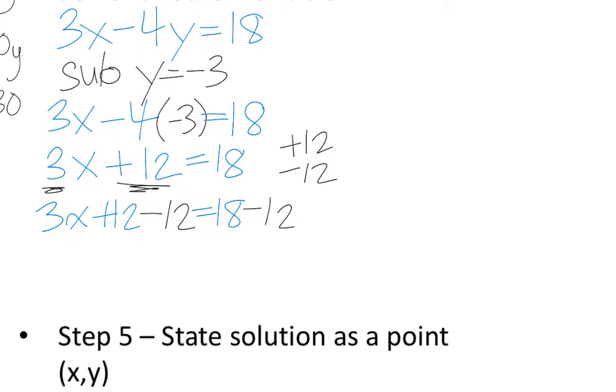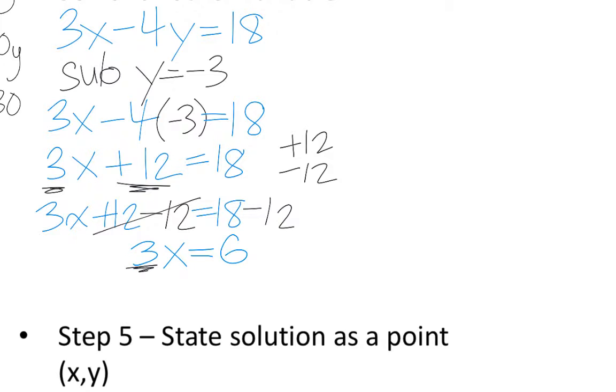So, positive 12 minus 12 cancels out, which just leaves you 3x, and 18 subtract 12 is 6.